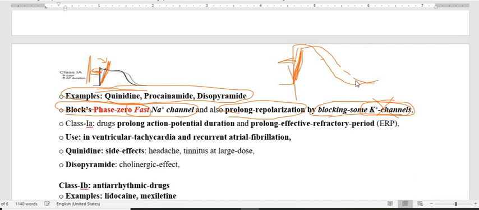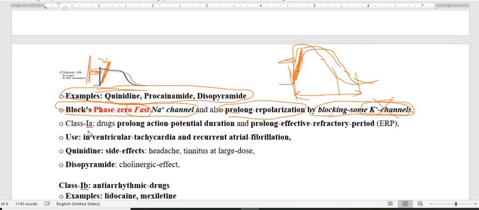From this point to this point is the action potential of the initial one, but after giving the drug the action potential increases. This phase is the QT interval, so the QT interval increases.